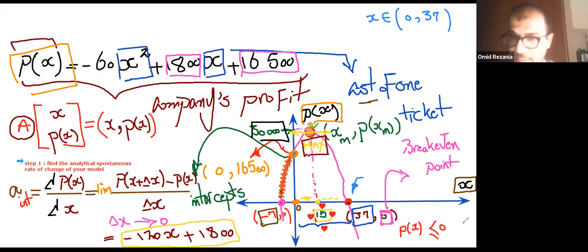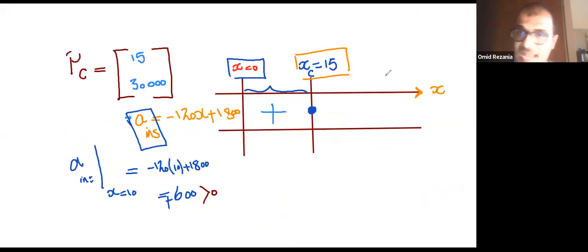Then I come here, and I pick up any number x, let me pick this one, and I call this one x equals 37.